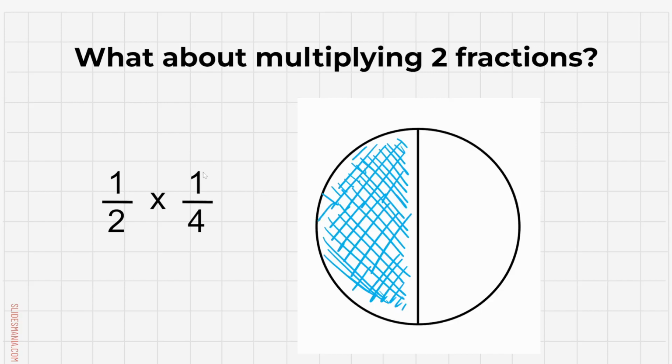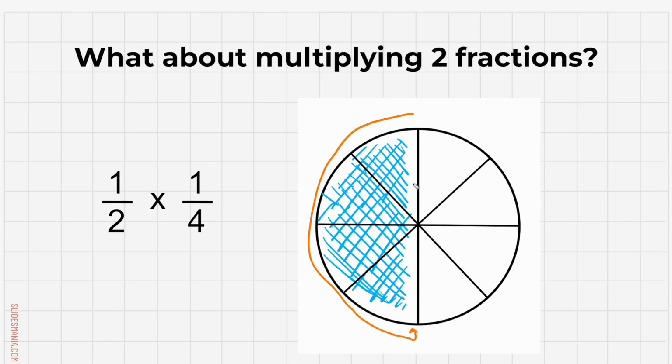So if we were going to get a quarter group out of this, we could divide this piece into a half, right? And then we could divide the halves into halves also. Something like this. So now we have the half, which is this portion of it right here, and we've cut it up into 1, 2, 3, 4 pieces.